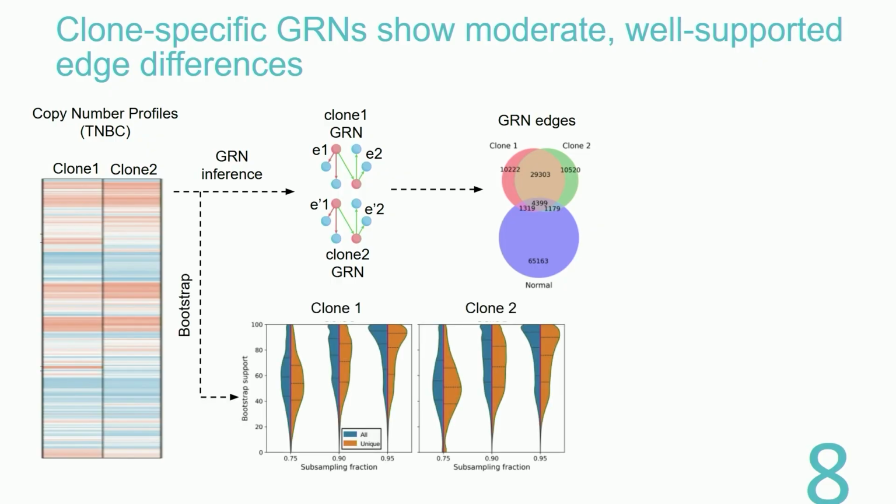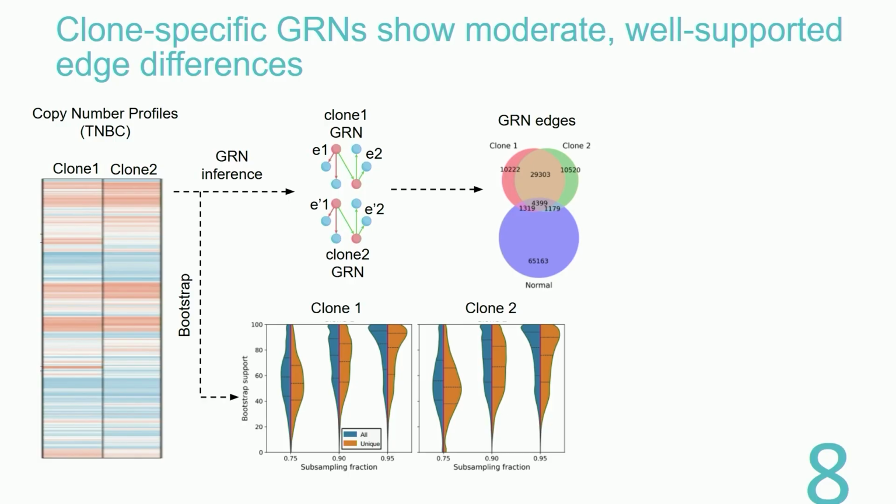But at the same time, we performed our bootstrap analysis, and what you can basically see here within this violin plot is the bootstrap values of the genes involved in the GRN. So what we have here are basically the unique edges.